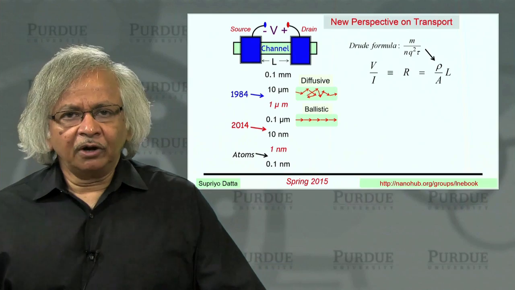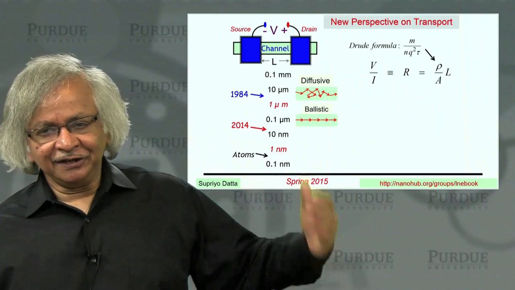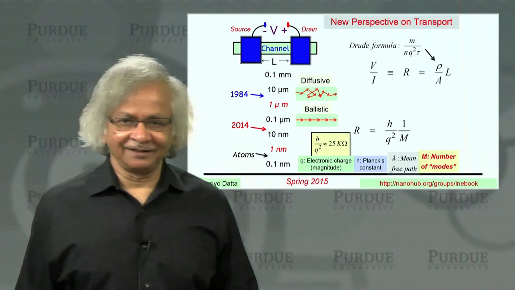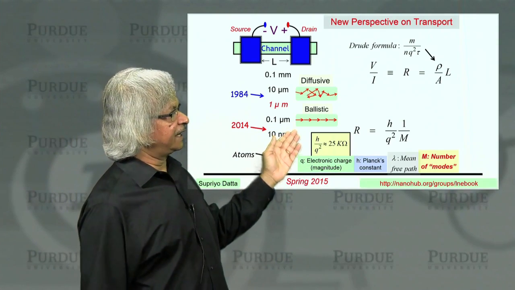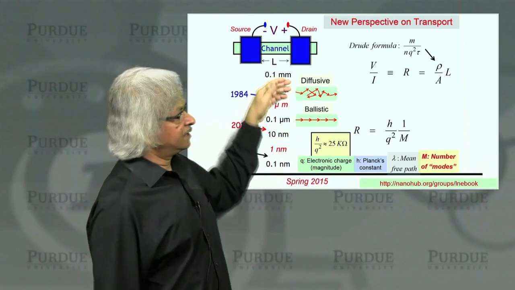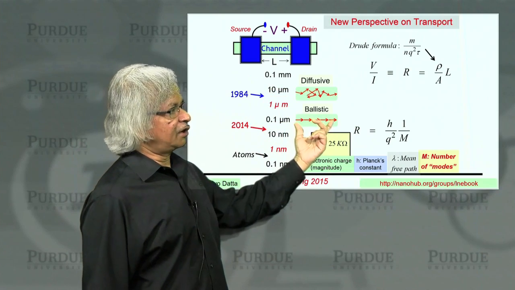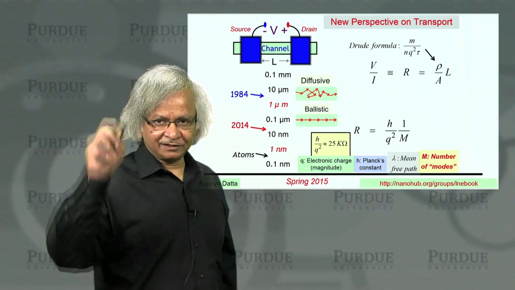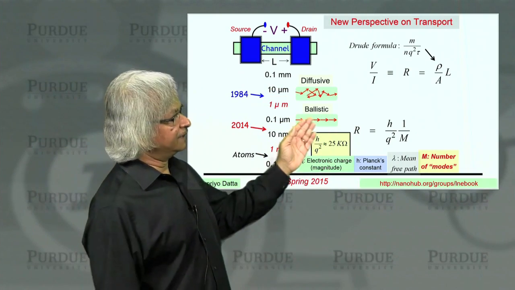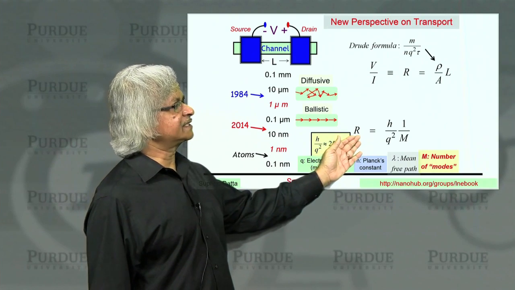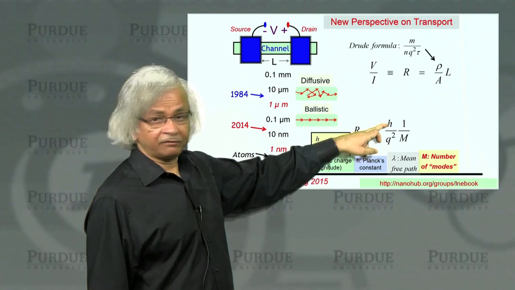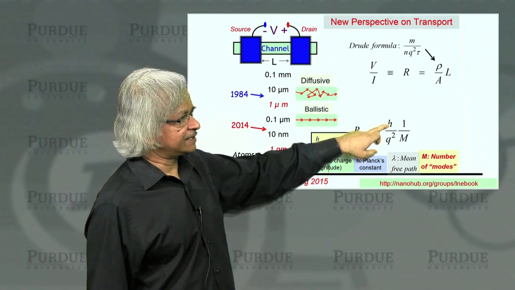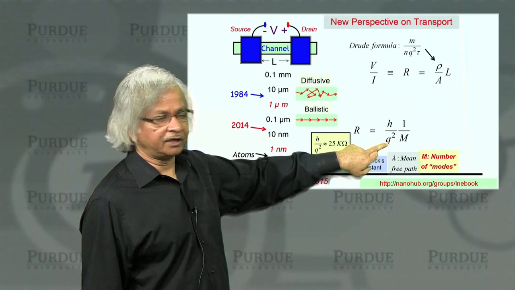Now, the other important thing that you'll learn in any mesoscopic physics course, that is, if you took a course about small devices, is that in small devices the current flow is often ballistic, that is, like a bullet. And when you have ballistic transport, then the resistance can be written in terms of this quantum of resistance, which is a fundamental constant, h over q squared, where h is Planck's constant and q is the charge on an electron.